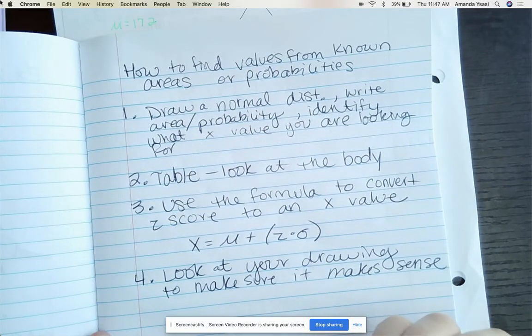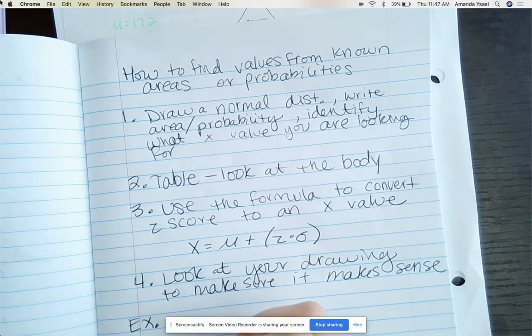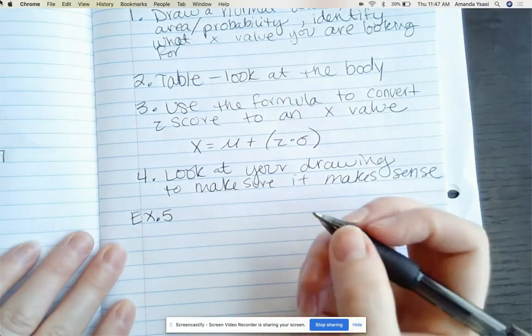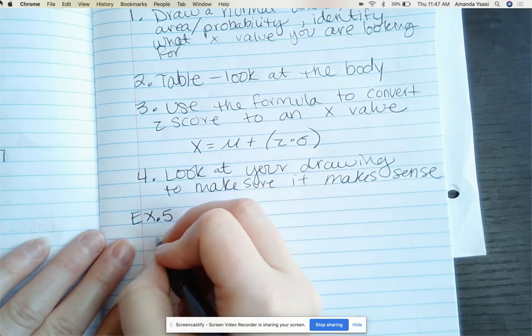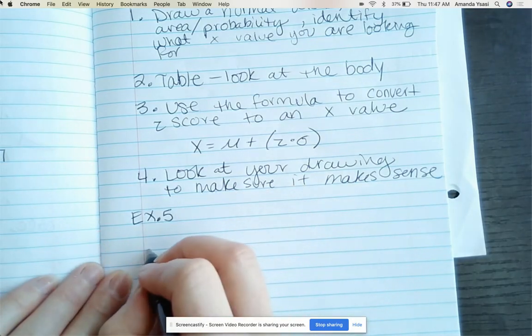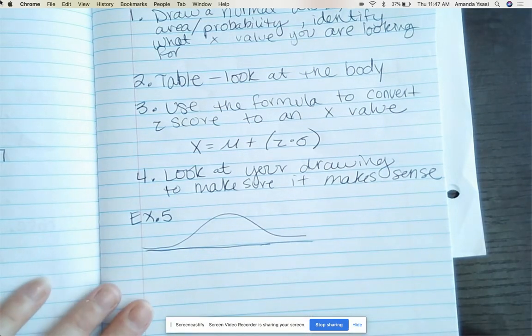So what we want to do is draw the normal distribution. We did example 3, we didn't write down 4, so we're on example 5. We want to look at what weight separates. So we have our distribution.